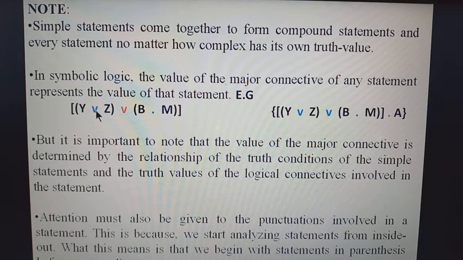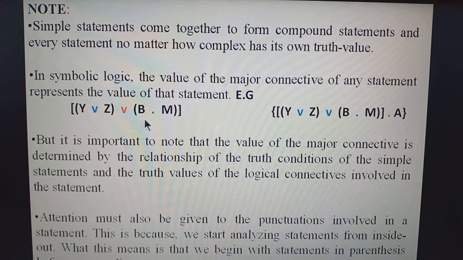So, the value of this wedge would therefore be the value of this parenthesis. And then, the value of this dot would therefore be the value of this parenthesis. You can only get the value of this dot by combining B and M, the value of B and the value of M, to get this.